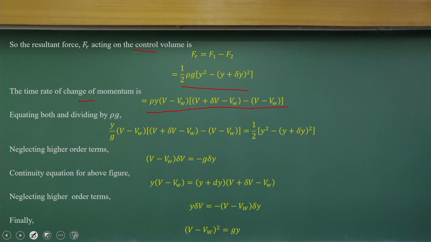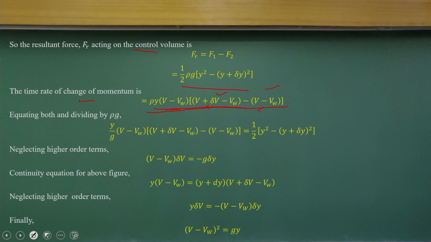So we find the relative momentum flux and the mass flux. This is the mass flux, and finding the change in velocity at upstream and downstream gives the momentum flux.